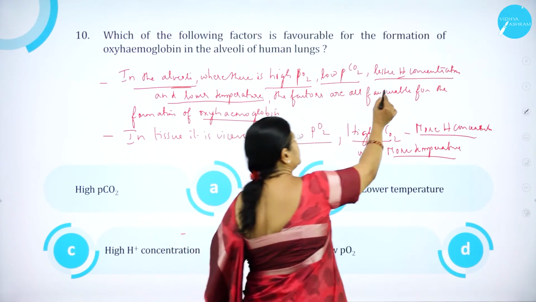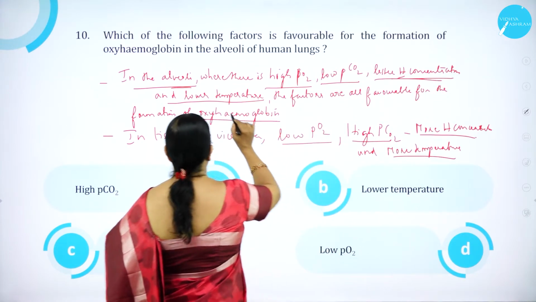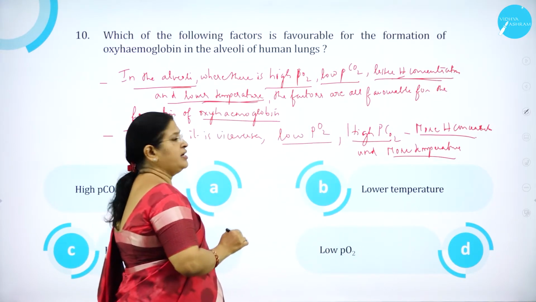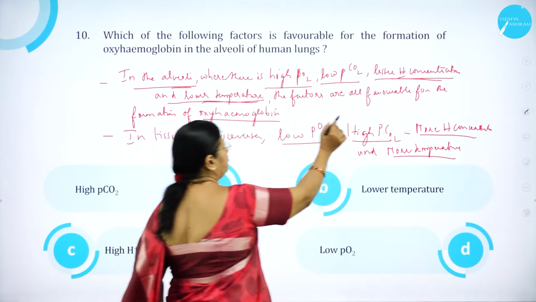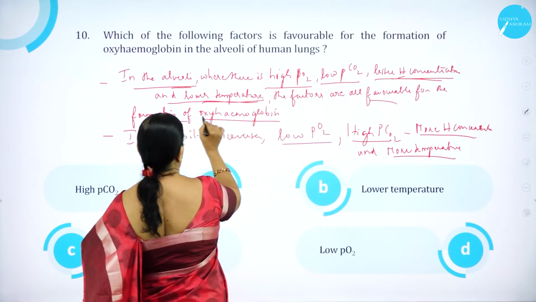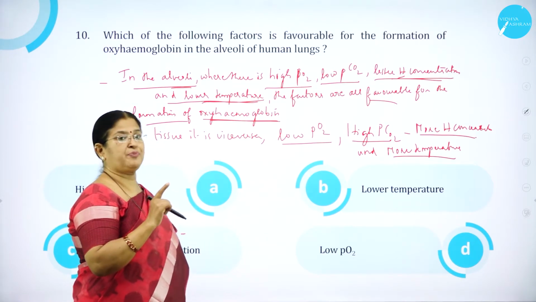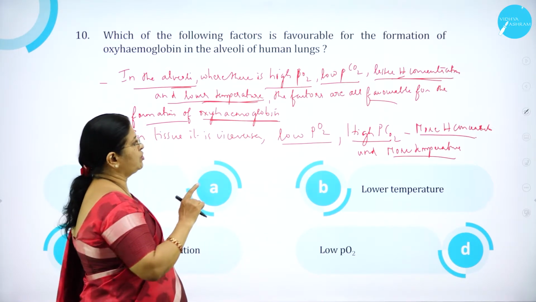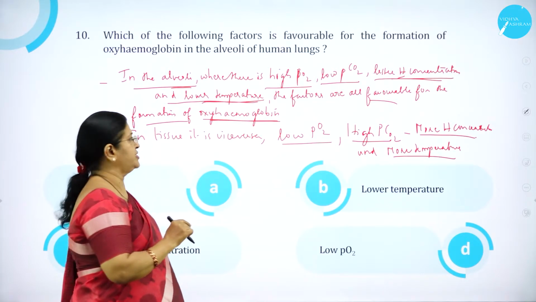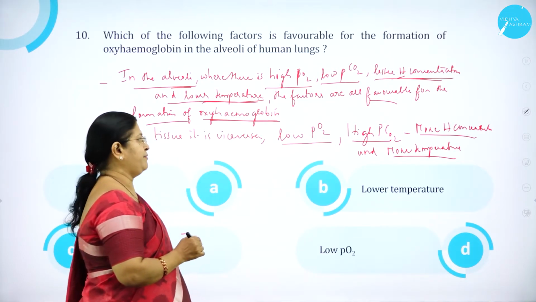That means lesser hydrogen concentration and lower temperature are the factors which are going to favor the formation of oxyhemoglobin.